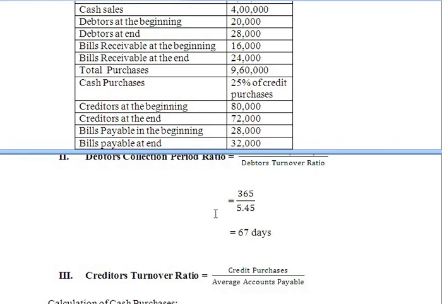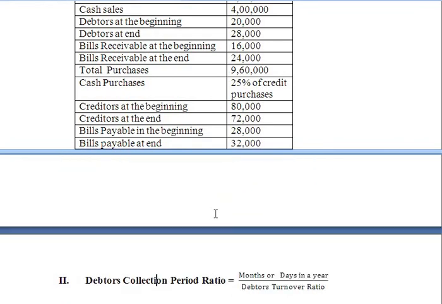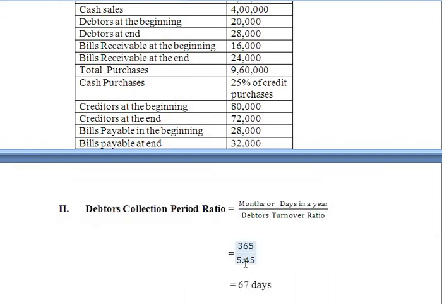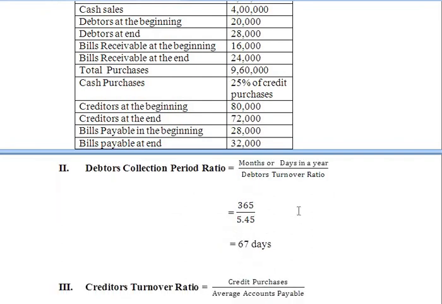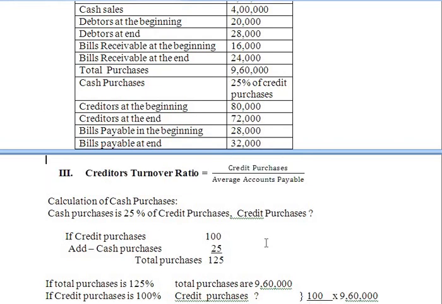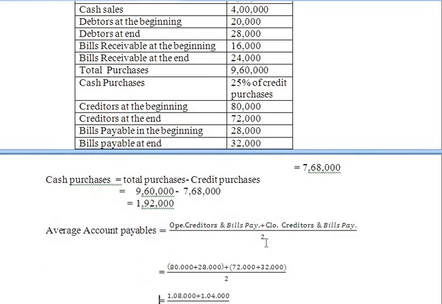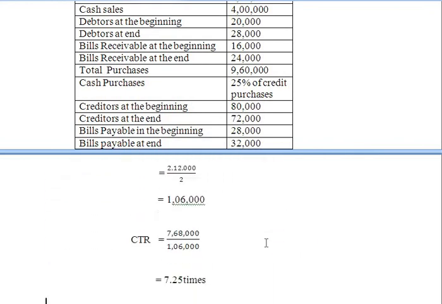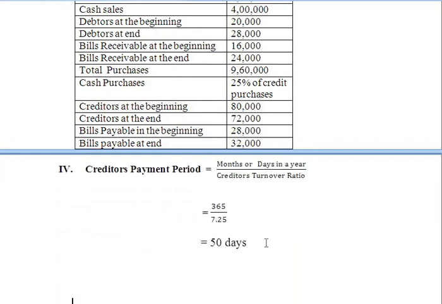The debtors collection period formula is days in a year divided by debtors turnover, which gives 67 days. The creditors turnover ratio, credit purchases divided by average accounts payable, is 7.25 times, whereas the payment period is 50 days. So these are the components of working capital ratios.